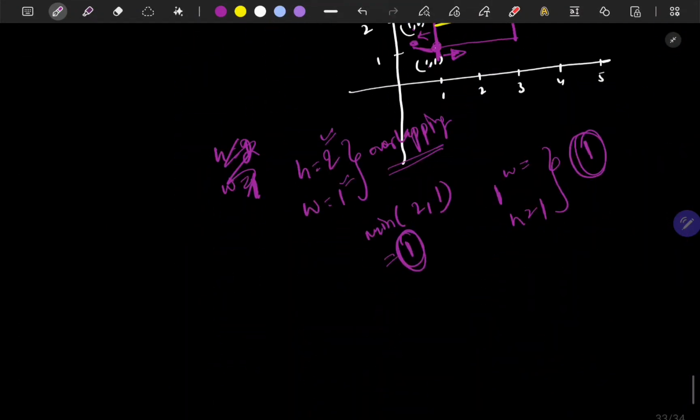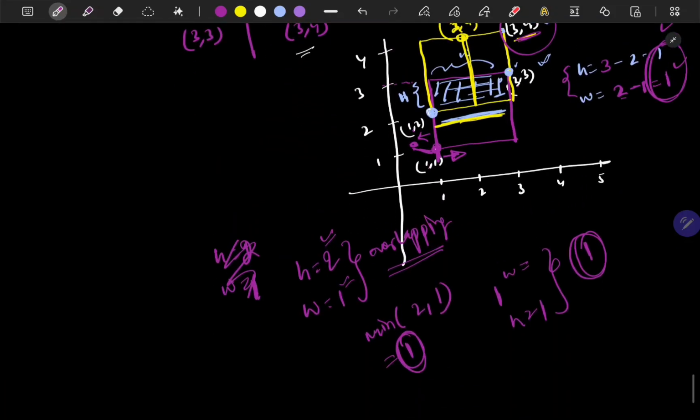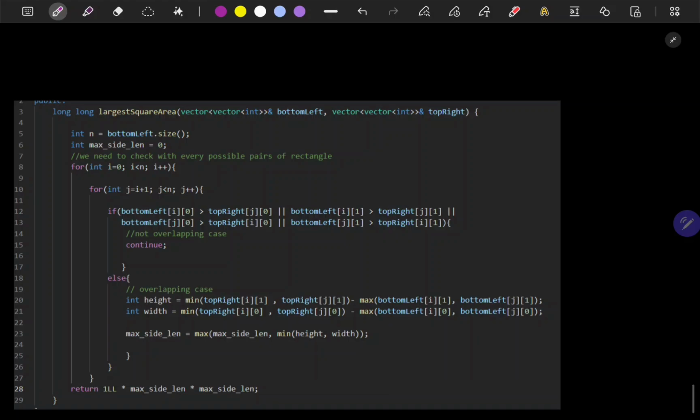Now how will you write the condition? Again, I'll walk you through the code once more, and then you will be able to understand all these conditions properly. We are just calculating the number of rectangles so that we can write it simply.